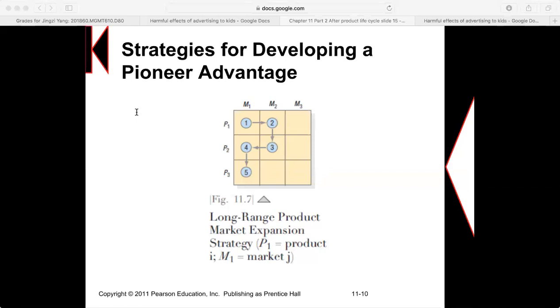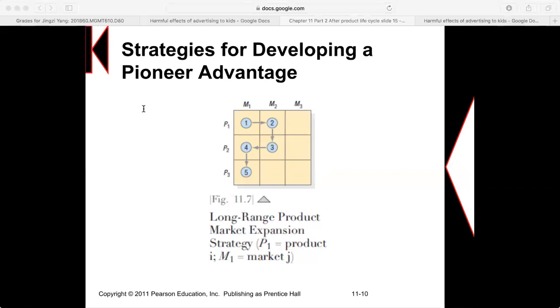The pioneer should visualize the product markets it could enter, knowing that it cannot enter all at once. They had to space this out and get in where they fit in different areas. Suppose the market segmentation analysis revealed the product market segments shown in figure 11.7.